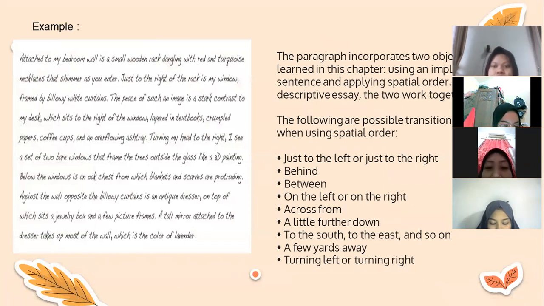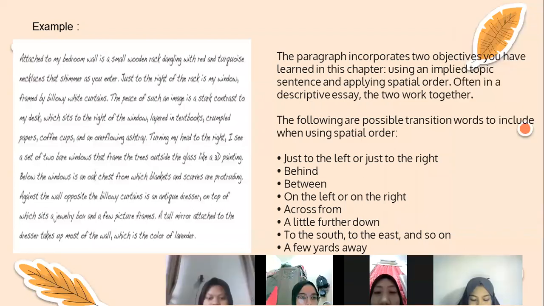Example: Attached to my bedroom wall is a small wooden rack dangling with red and turquoise necklaces that shimmer as you enter. Just to the right of the rack is my window, framed by billowy white curtains.